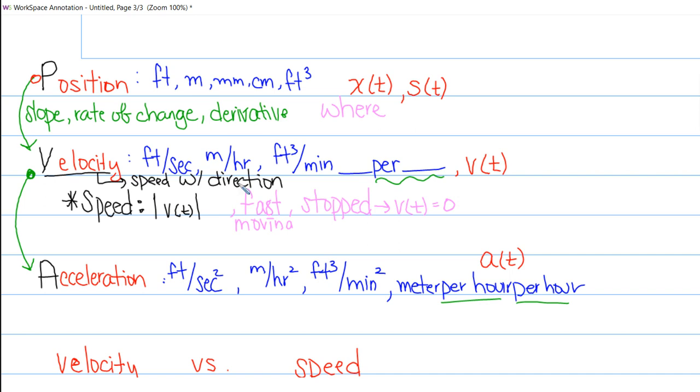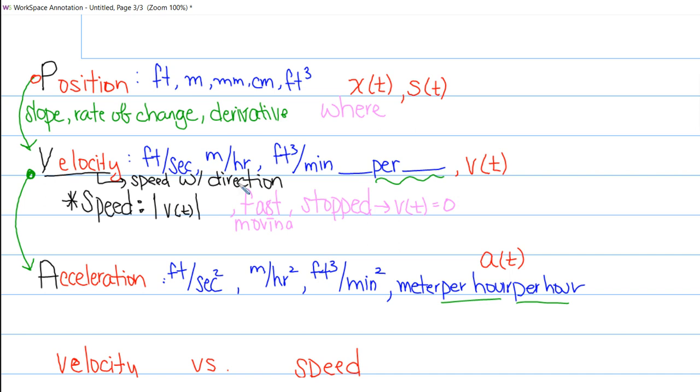Or if they ask you which way are you moving, left or right? That's a velocity question because velocity has direction. Position will tell you whether you're left of the original place or right of the original place, but it's not going to tell you which way you're moving. So those are the distinguishable things that they're going to ask you about. You know what goes with what.